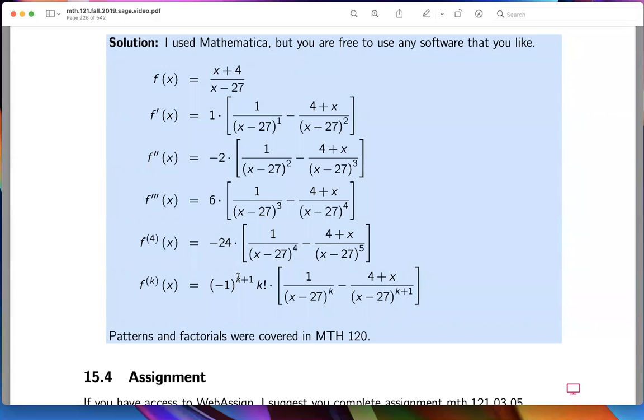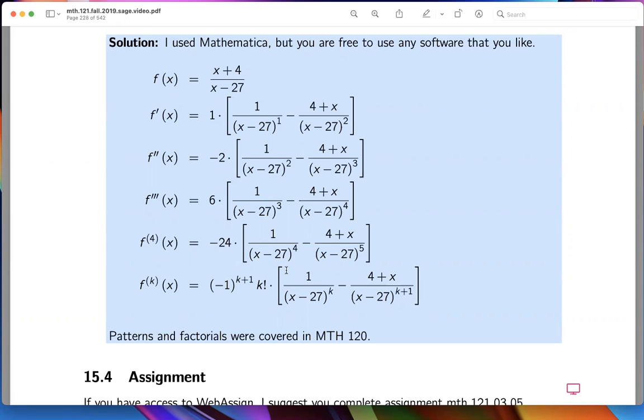For example, if K is 1, you get 1 + 1, which is 2, -1 squared is positive. If you took K to be 2, you get an odd power here, you get negative, and so forth and so on. So this is a really easy thing. Let me repeat this though. When you're using a computer algebra system, it is in your interest to write down what the derivatives look like.